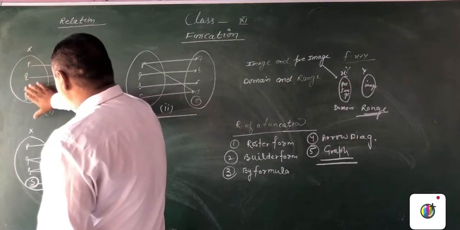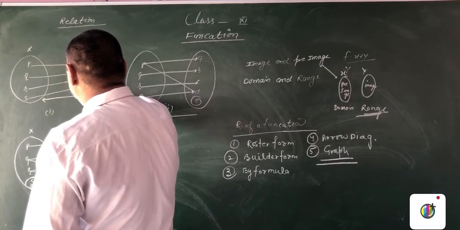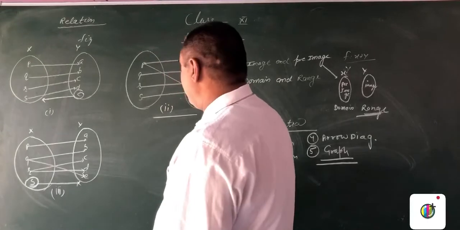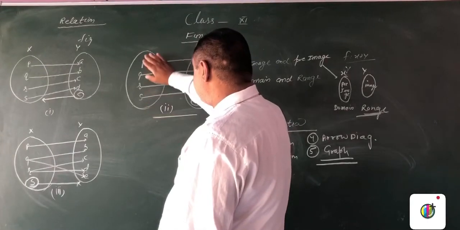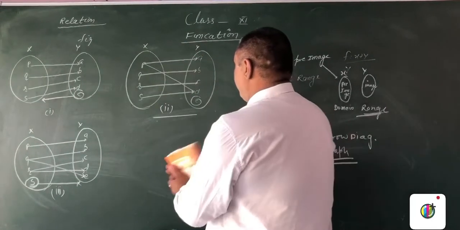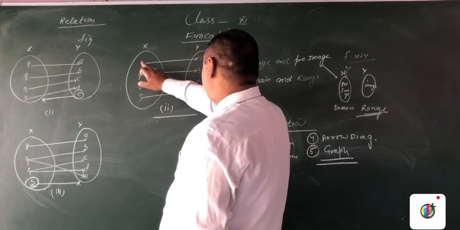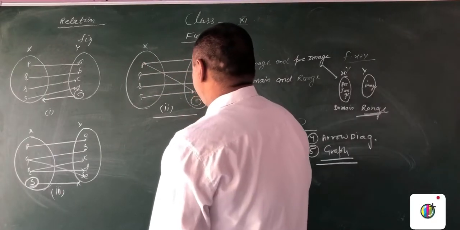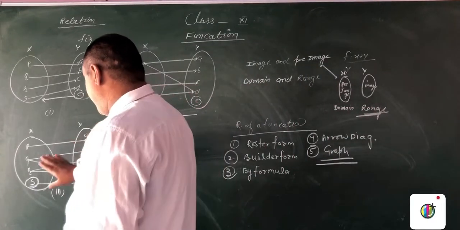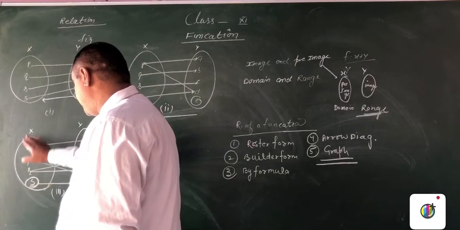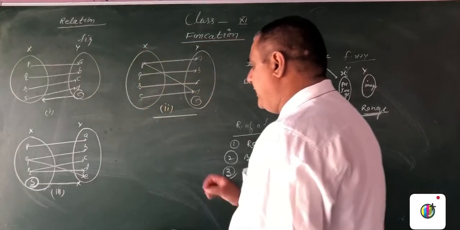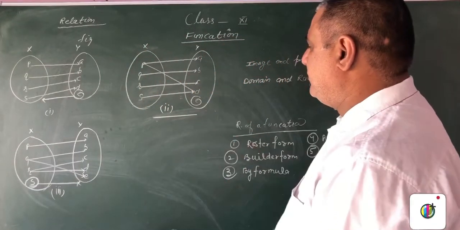Here x के सभी एलिमेंट इधर y के एलिमेंटों से जुड़े हुए हैं, कम से कम एक एलिमेंट से जुड़े हुए होने चाहिए. यही चीज हमने यहाँ नोटिस की, x के सभी एलिमेंट y के कम से कम एक एलिमेंट से जुड़े हुए हैं, लेकिन यहाँ चेक किया p जो है वो यहाँ 2 एलिमेंटों से जुड़ा हुआ है. लेकिन यहां हमने इस थर्ड फिगर के अंदर चेक किया कि S जो एलिमेंट है x के अंदर, वो इधर y के किसी भी एलिमेंट से जुड़ा हुआ नहीं. These are the main differences of the 3 diagrams.